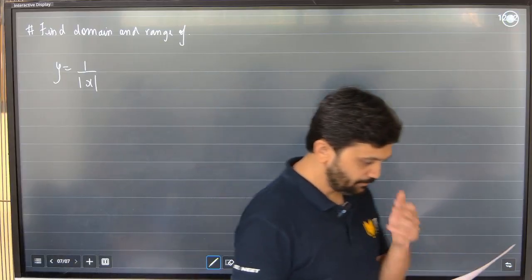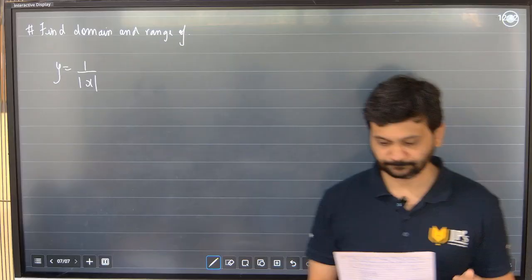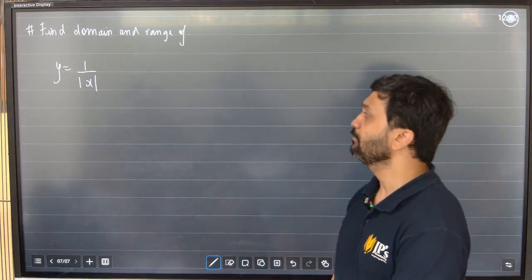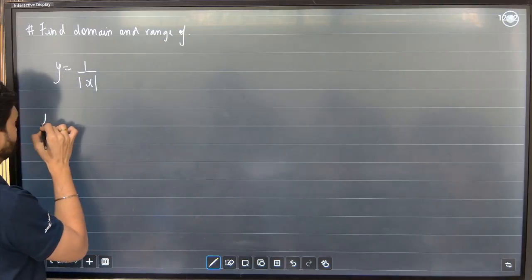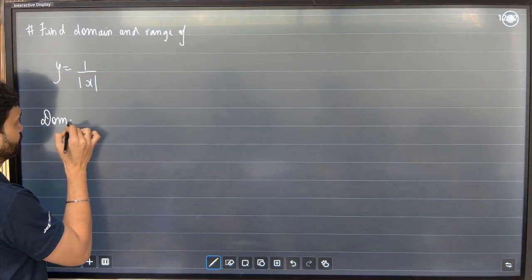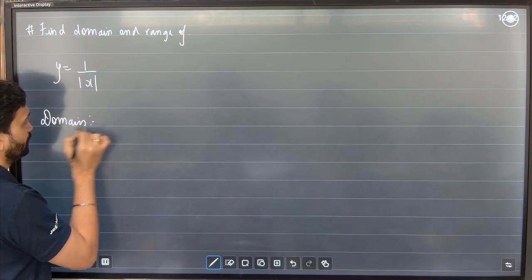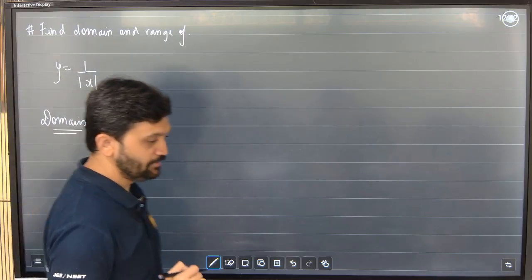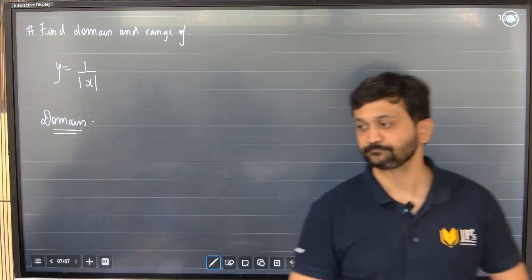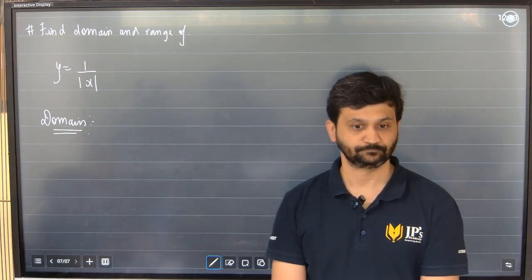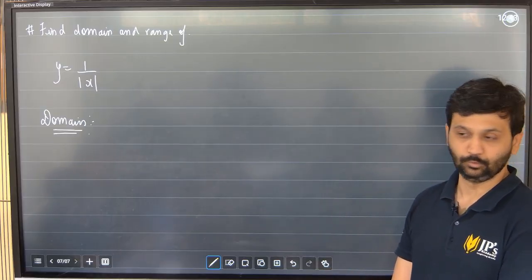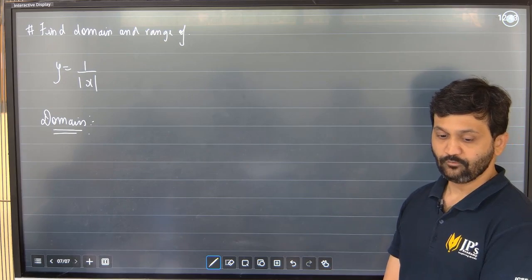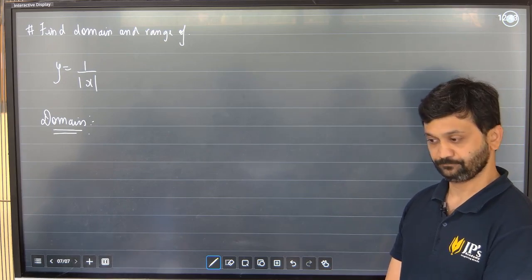Come on, tell me the domain and range. What will be the domain for this? Can anyone tell me what is the domain for this? y is equal to 1 upon mod x. Bolo. What will be the domain for this question?